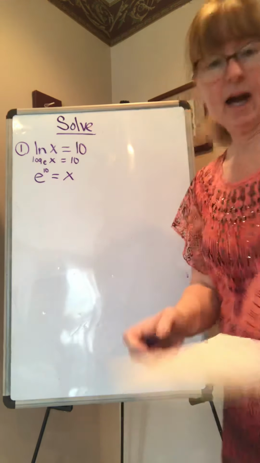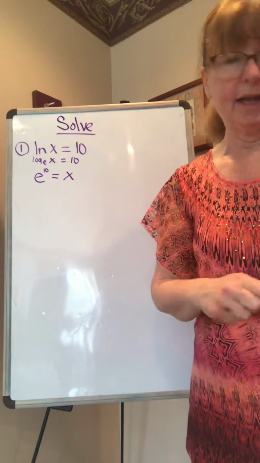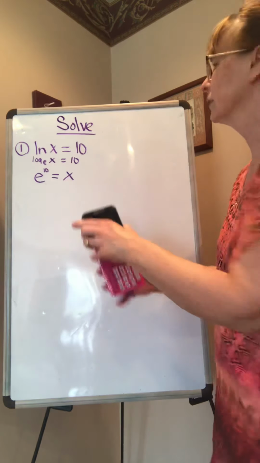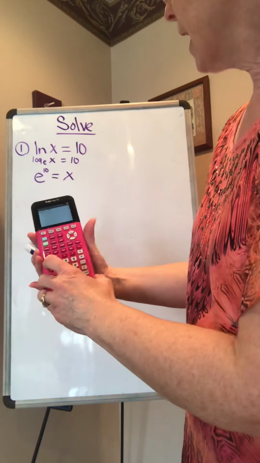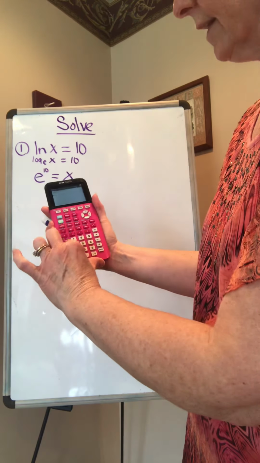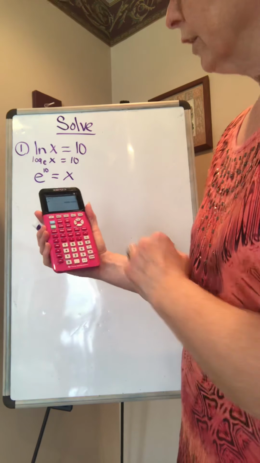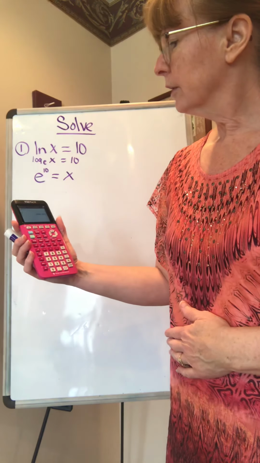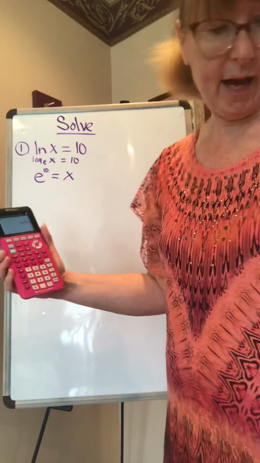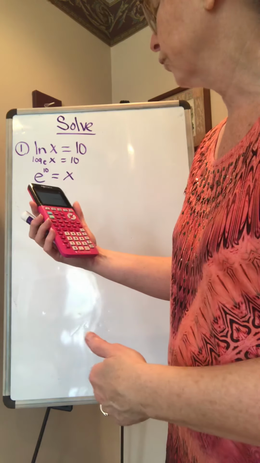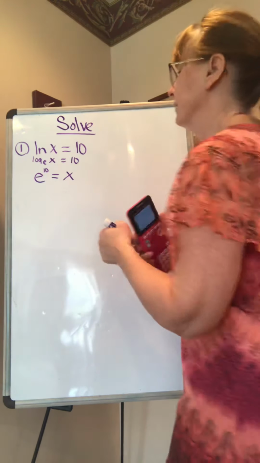And now I need my calculator because these are ones that you absolutely cannot do without the aid of your calculator. And I am going to type in second e to the 10th power, and I get 22,026.46579.